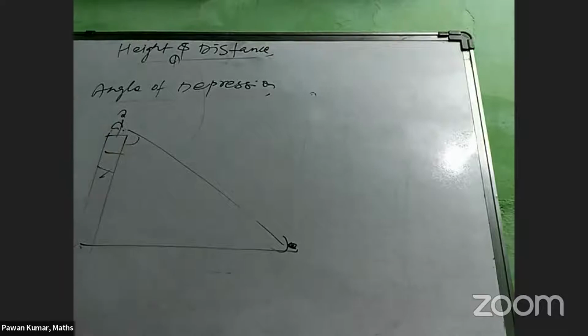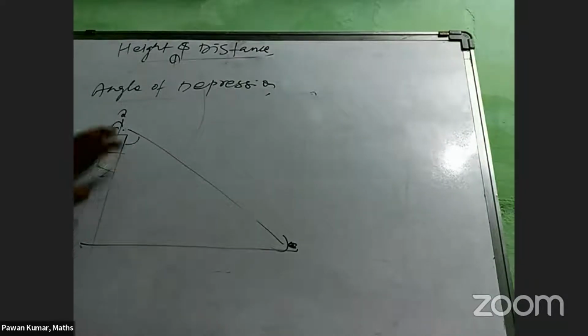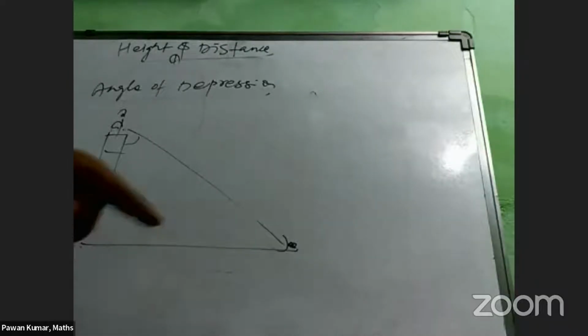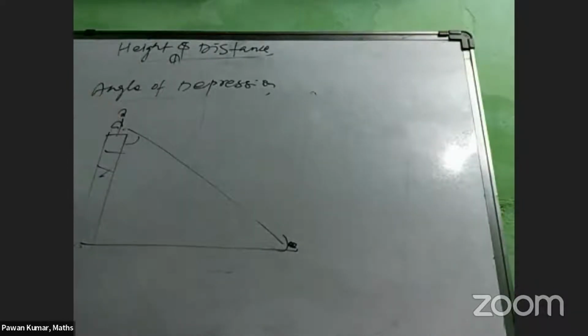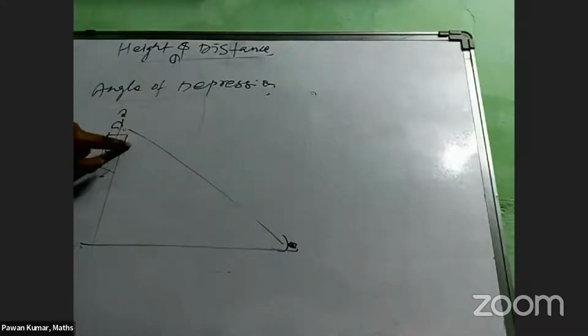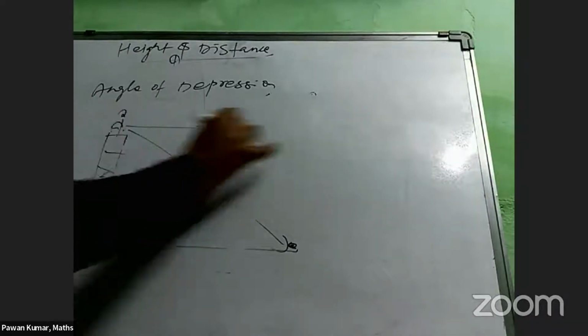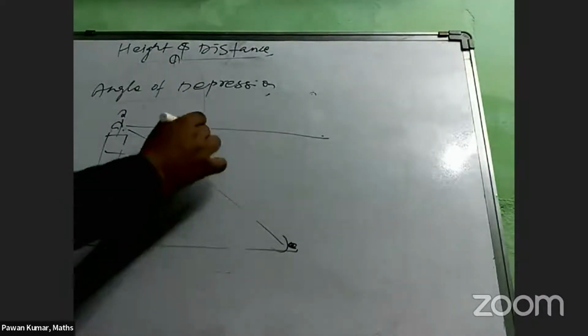Is it the angle of elevation? No. For any angle you need to calculate, you have to mention it with respect to the horizontal line, but this is not your horizontal line. So you can't say this is the angle of depression; you have to draw the horizontal line from here, parallel to this line.